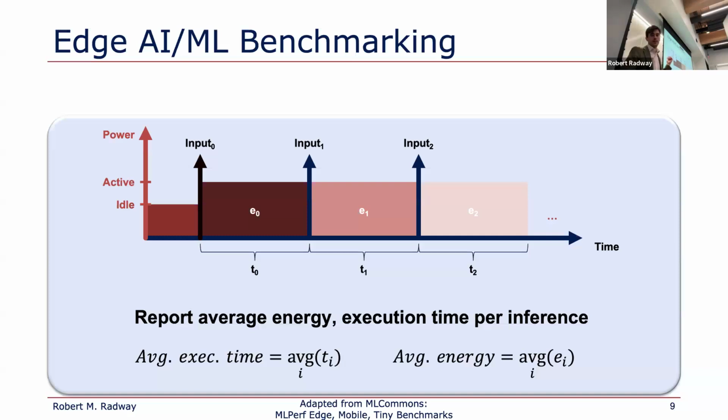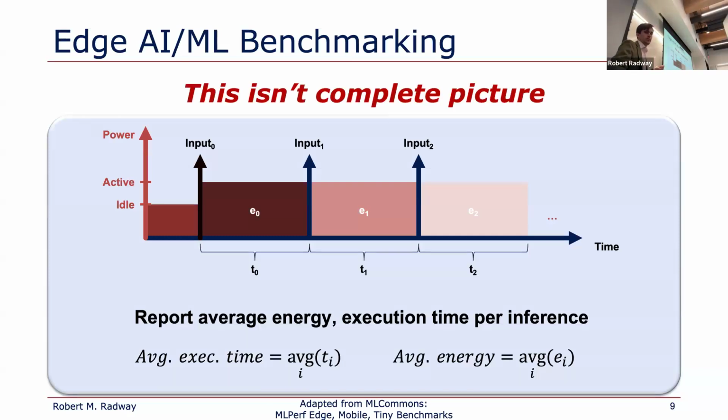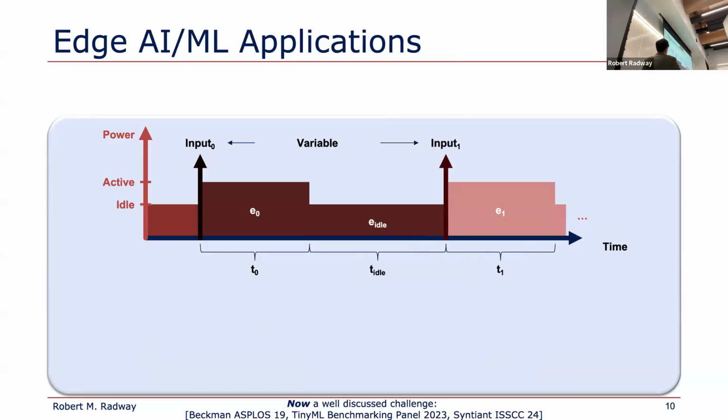So this works great in the cloud, but at the edge, this isn't the complete picture, right? We actually have this variable time in between each inference where we're idling. And that means that the total energy is no longer just these large boxes where it's the energy of the inference, but we also have to account for the energy of idling, right? If you have your phone and you want to maximize its battery life, and it's sitting there spending a ton of power just existing to keep your machine learning model around when you're not using it, you're going to drain your battery life.